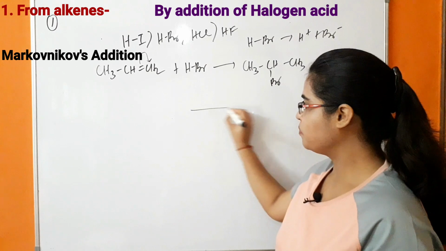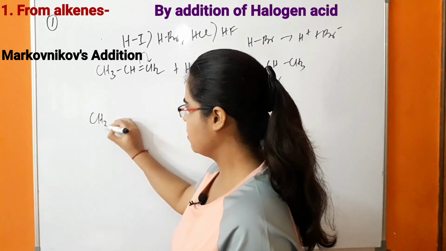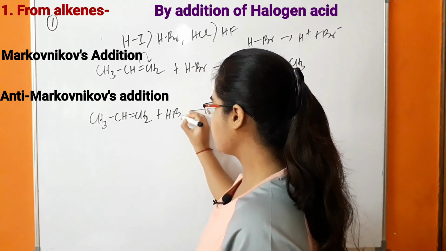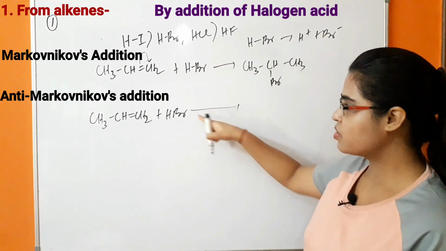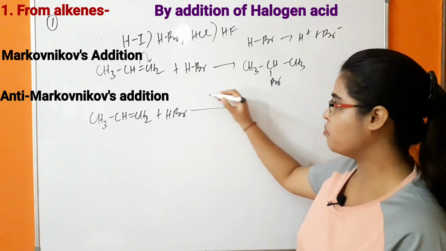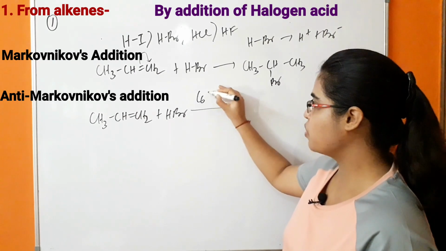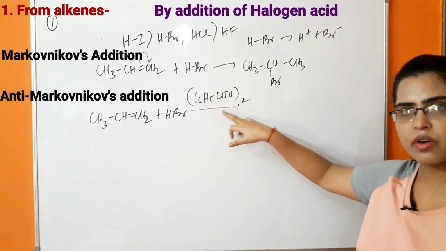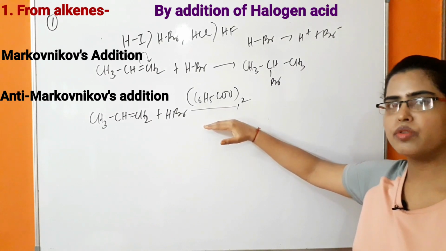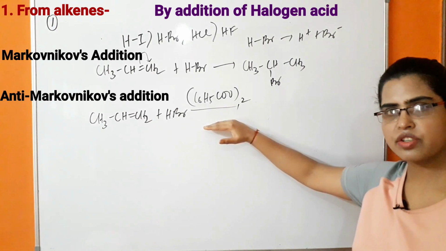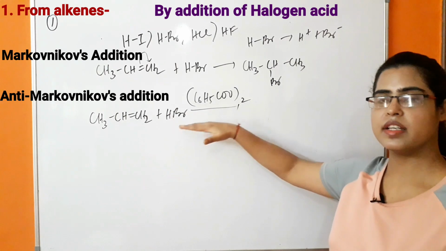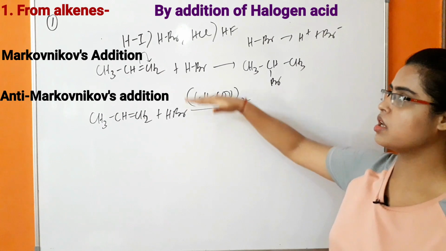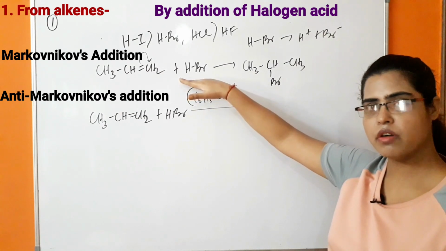So if we take an unsymmetrical alkene in the presence of HBr, and the reaction takes place in the presence of peroxide, for example benzoyl peroxide, this is also known as the peroxide effect or Kharasch effect, and a 1 degree or primary alkyl halide is formed, which is just opposite to Markovnikov addition.